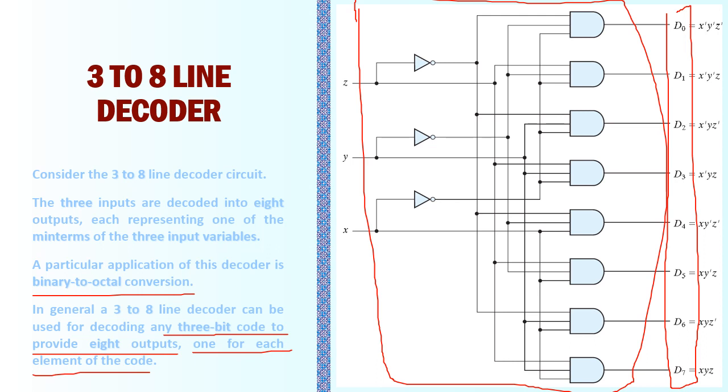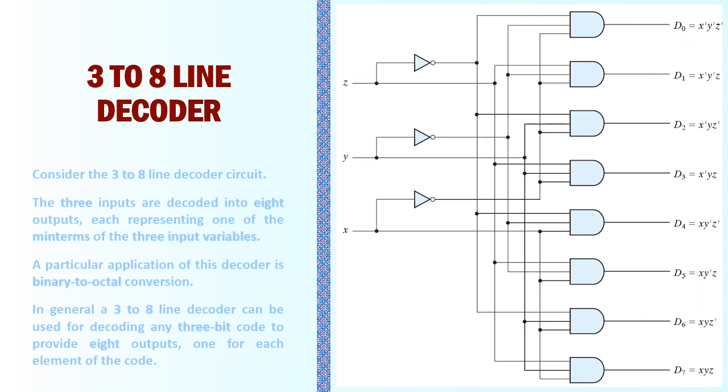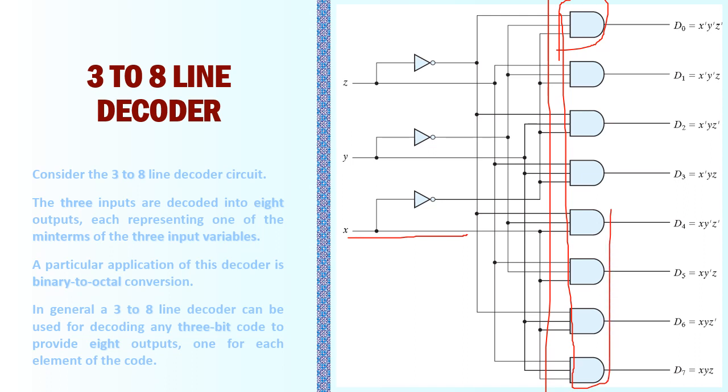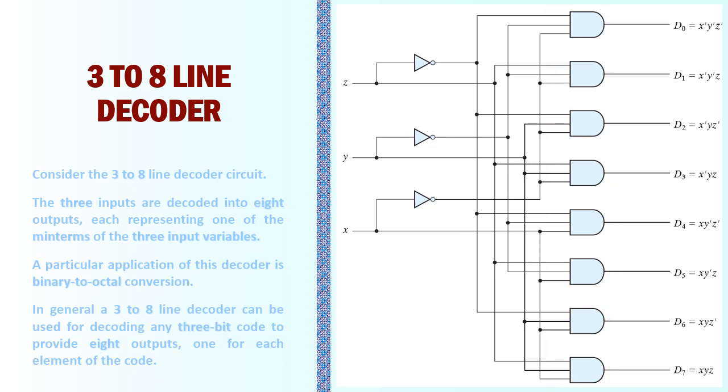Each output line is actually the output of an AND gate, and the inputs of all these 8 AND gates are coming either from the normal form of x, y and z or the complemented form of x, y and z, but the input combination for each AND gate is unique, and that corresponds to the relevant minterm.